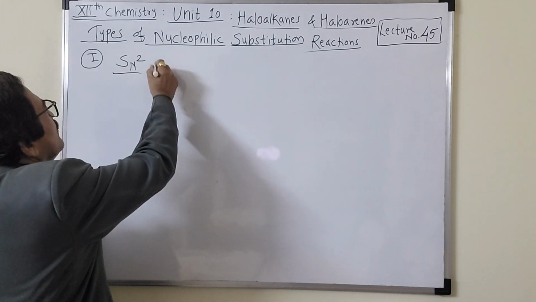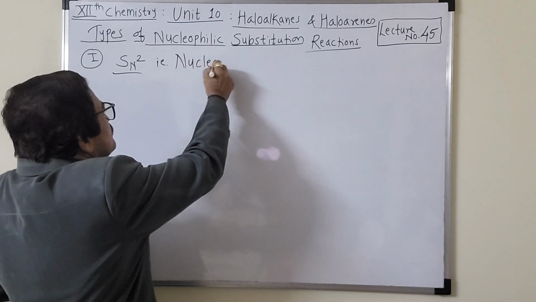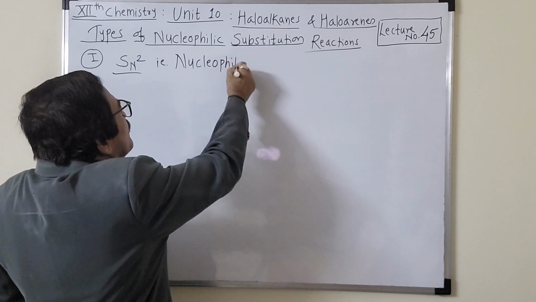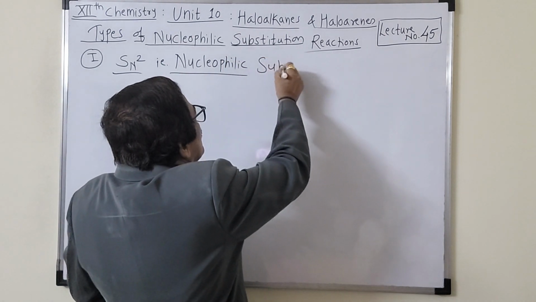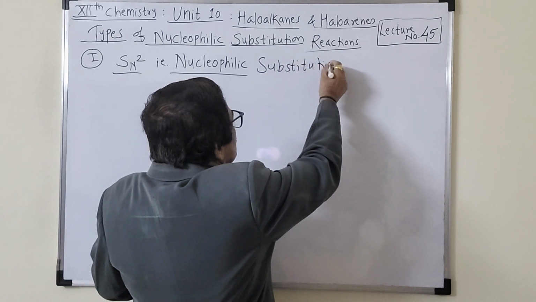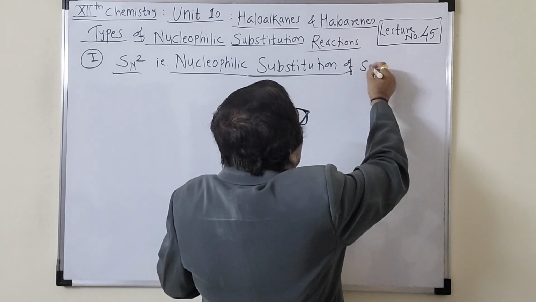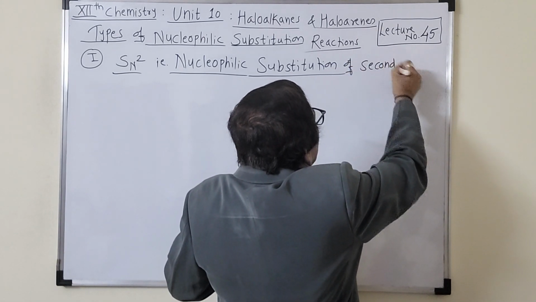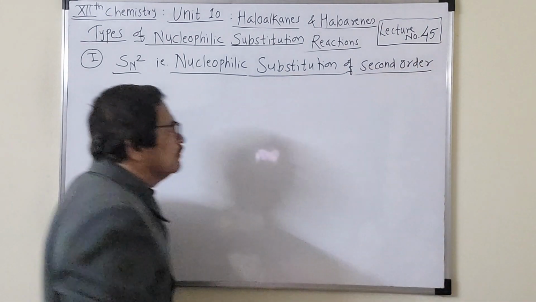It is called nucleophilic substitution of second order. We are going to learn the order of reaction in the topic chemical kinetics, first order, second order. So why it is called second order, I will tell you.